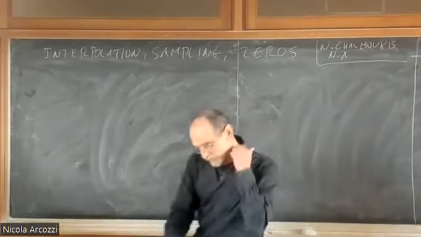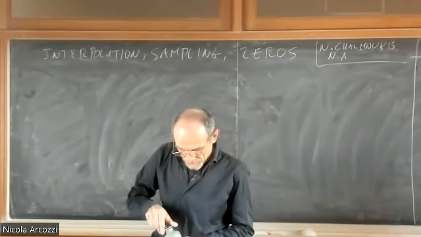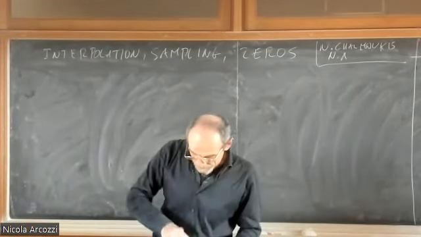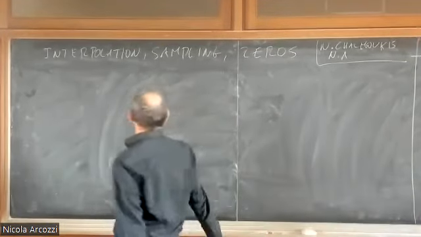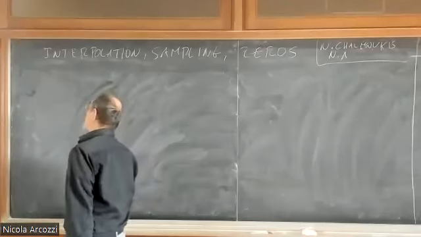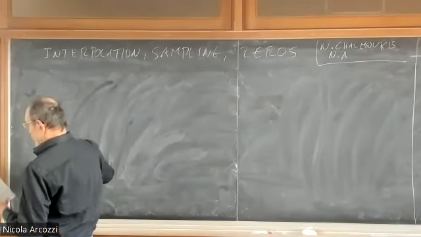Okay, so what is the basic problem? The basic problems of interpolation and sampling are of this sort. What's the notation here?